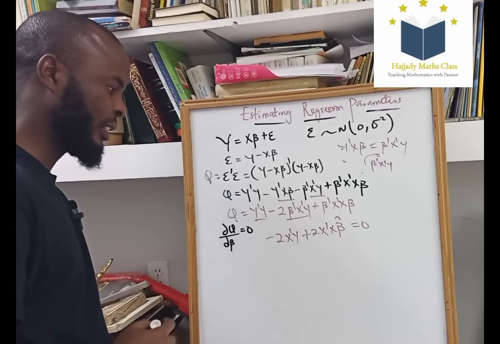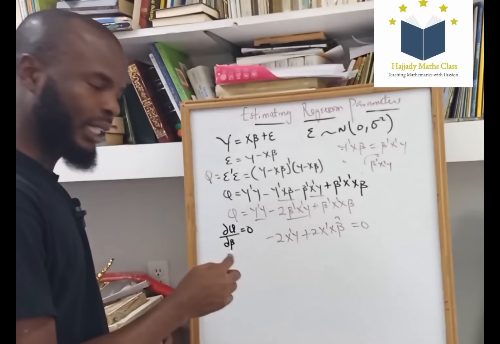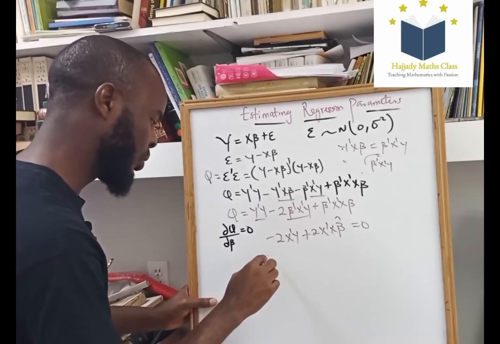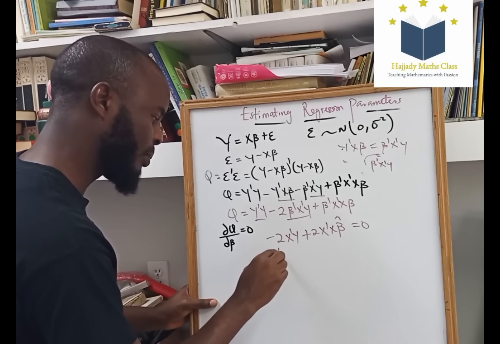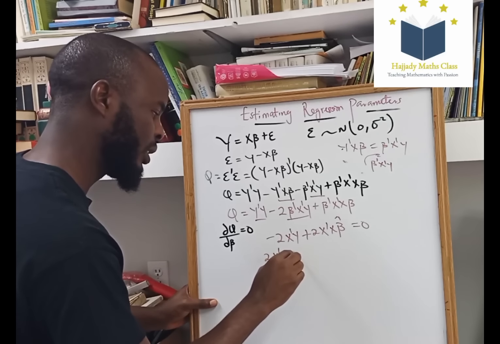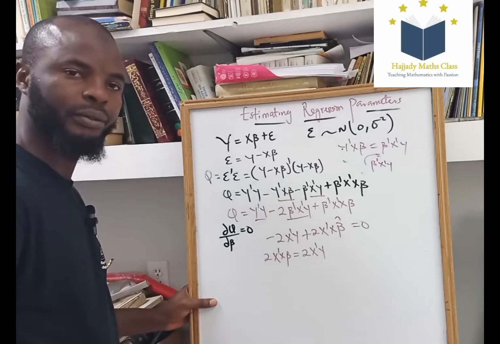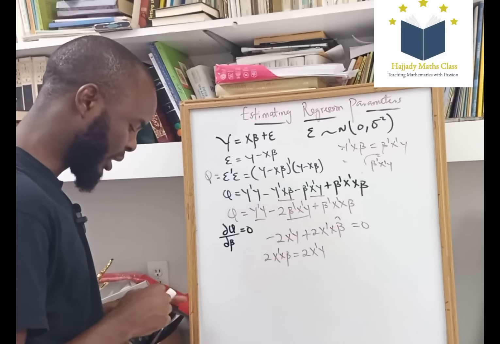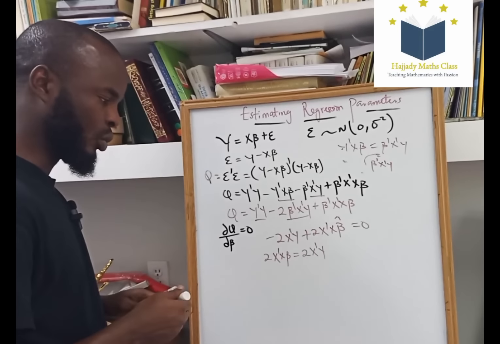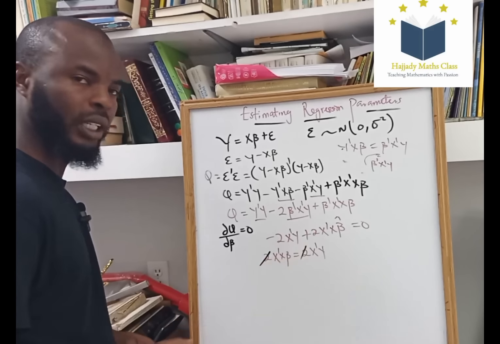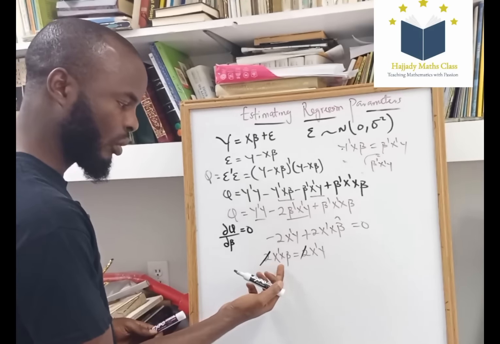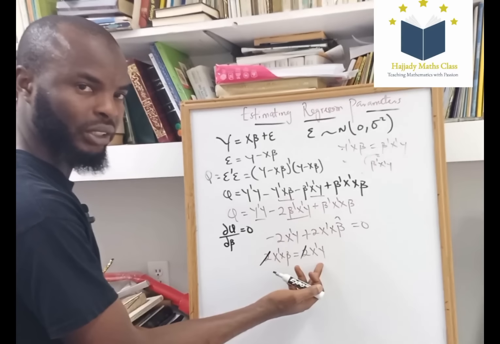This has been estimated. So with this, we can have 2X prime Xβ equals to 2X prime y. Dividing both sides by 2. Okay? So don't forget, this is a matrix multiplication.